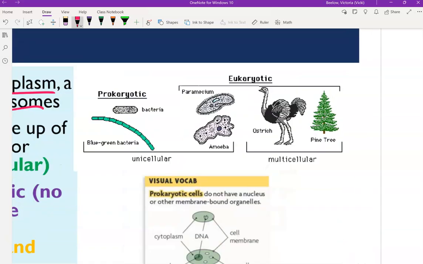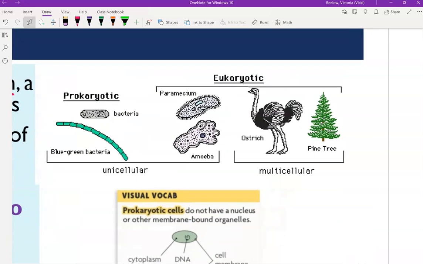And again, we can have unicellular organisms. So things like these, we have our prokaryotic cells. A bacteria is prokaryotic and unicellular. Some types of blue-green bacteria, also known as cyanobacteria or blue-green algae. A paramecium and an amoeba are also unicellular, but they're considered eukaryotes.